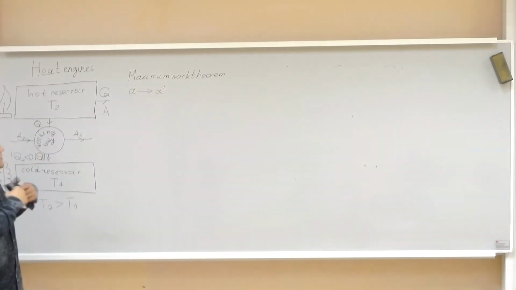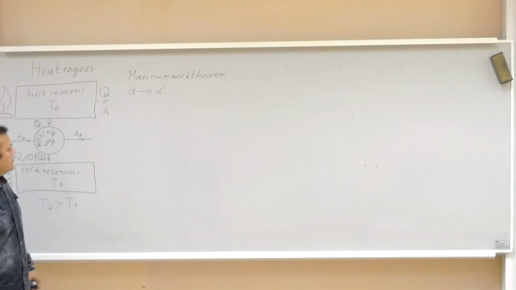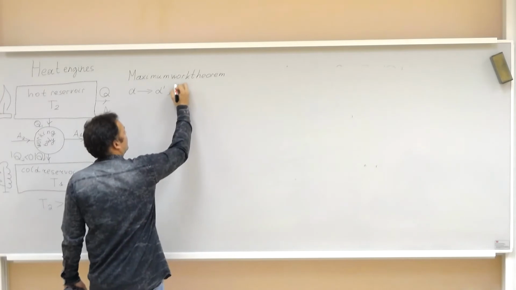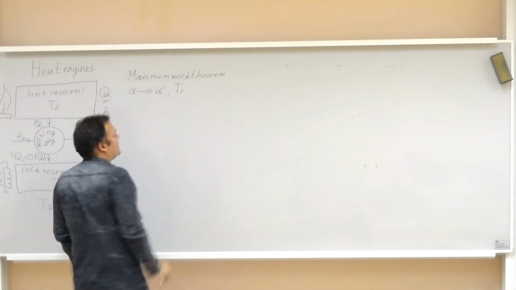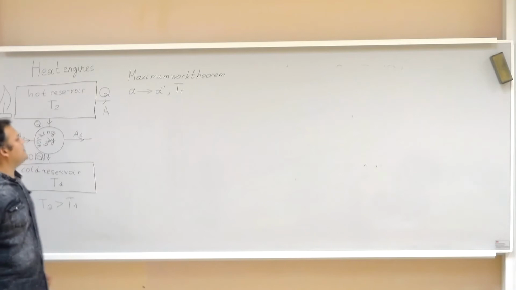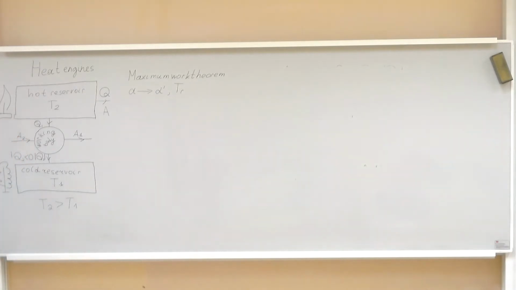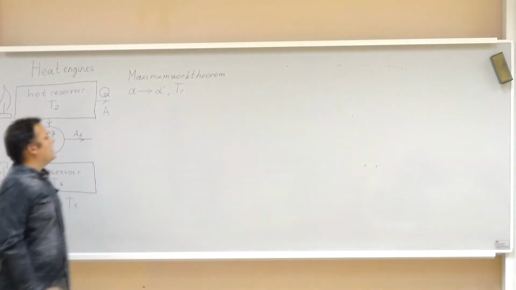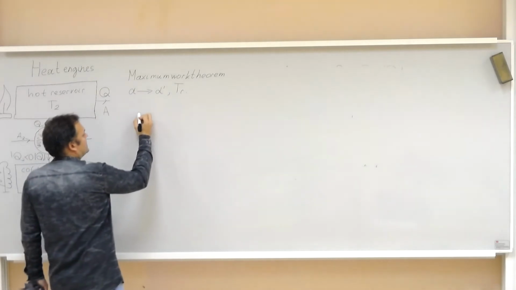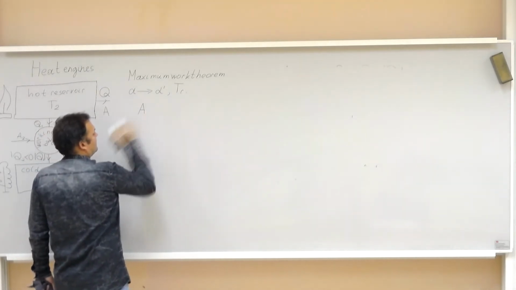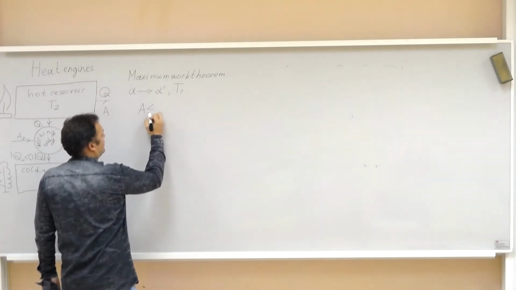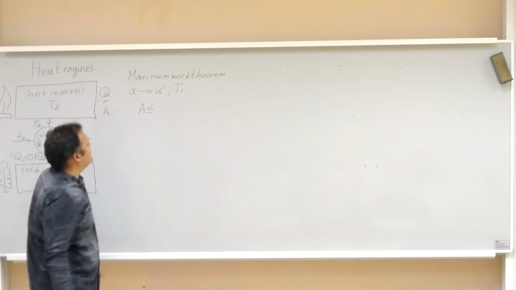And in the process of changing its state, it is in contact with a heat reservoir with temperature T sub R. Then the work produced by the system meets this inequality.